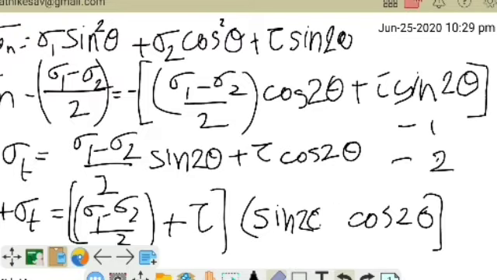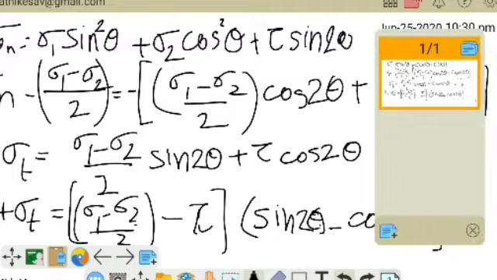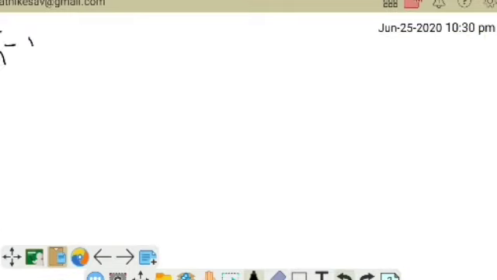In the first case sigma n, we have a negative sign there. So if I am taking sigma n minus sigma 2 by 2, cos 2 theta is becoming negative, and here it becomes negative. So if we are cross multiplying and seeing, we will be getting sigma 1 minus sigma 2 by 2 sine 2 theta plus minus tau sine 2 theta and minus sigma 1 minus sigma 2 by 2 cos 2 theta plus tau cos 2 theta.